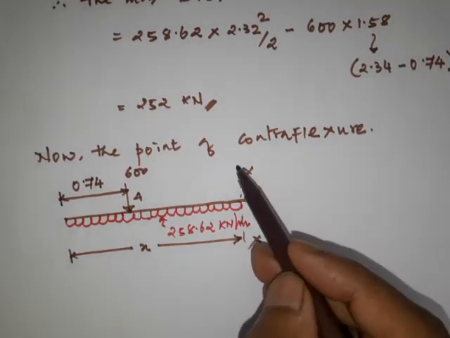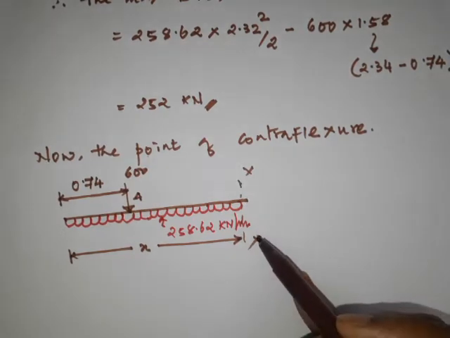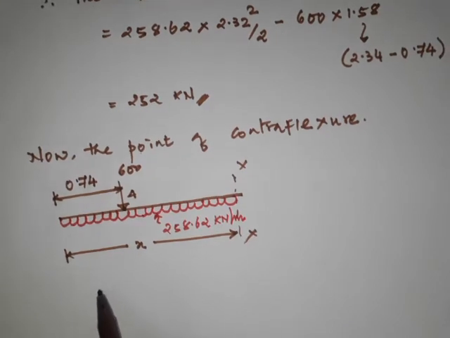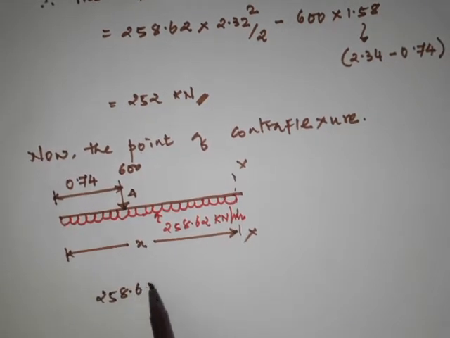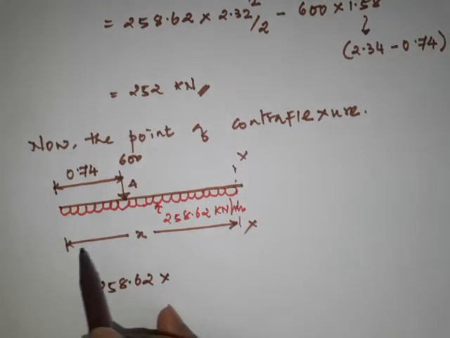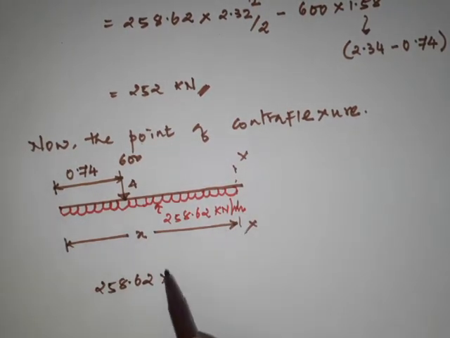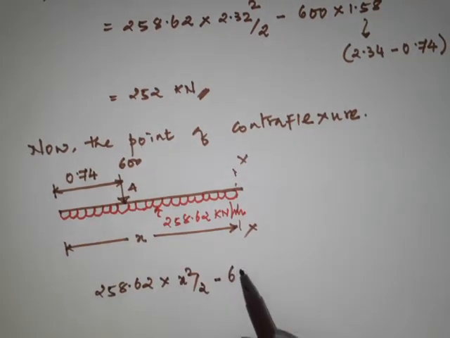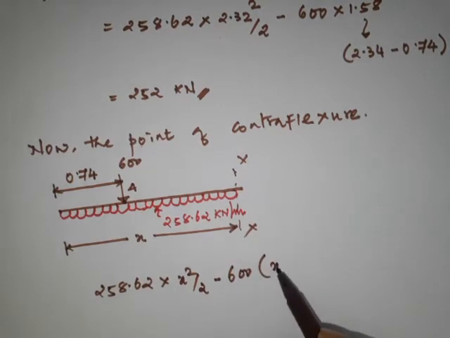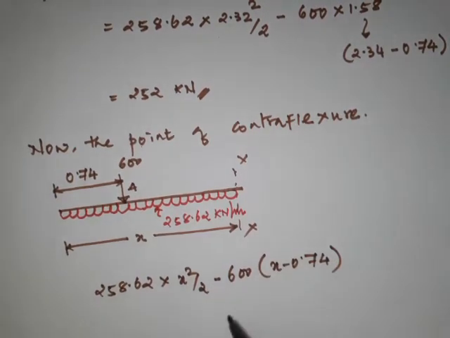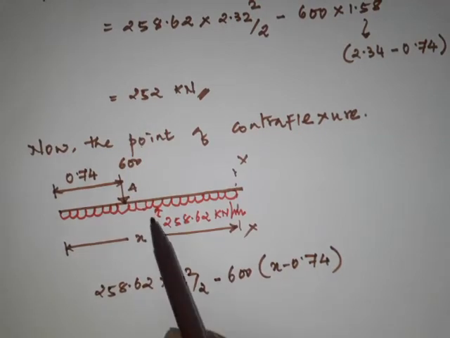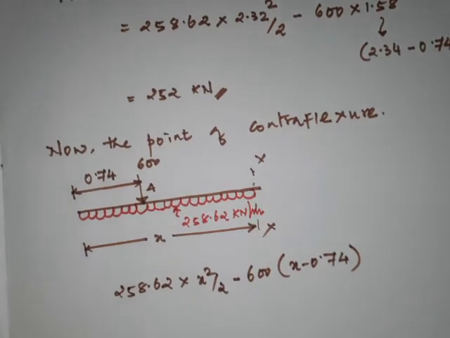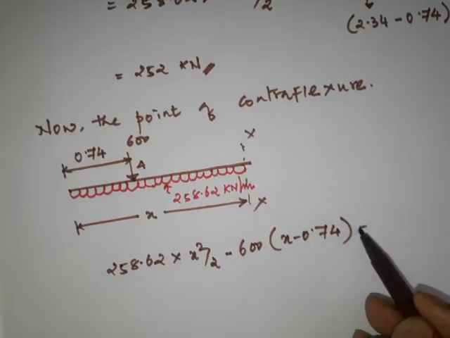Therefore, by taking moment about section XX, we get 258.62 into x square by 2 minus the load, 600 into x minus 0.74, is equal to 0.